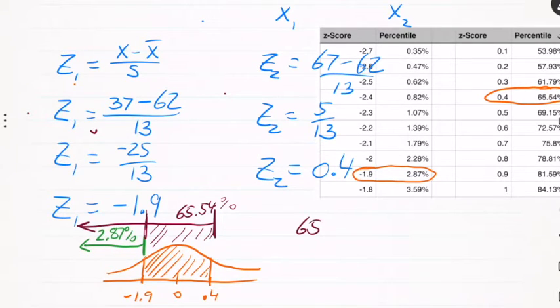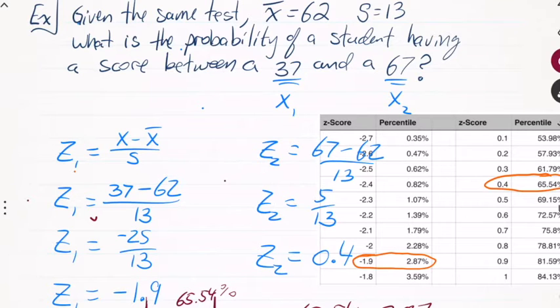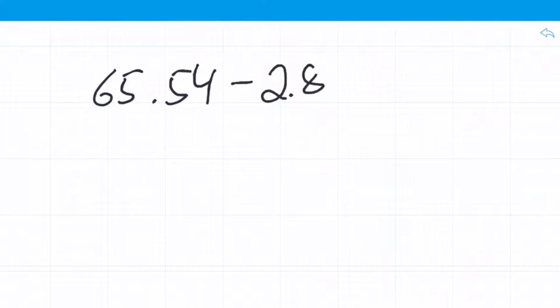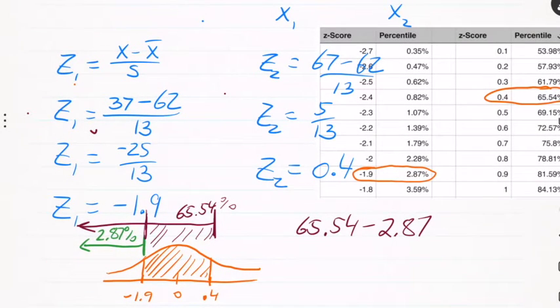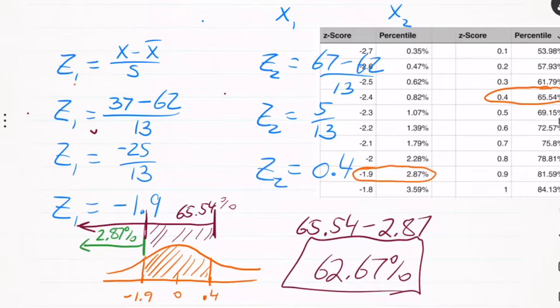So our answer is going to be 65.54 minus 2.87, for a grand total of 62.67. So we would expect, on average, that about 62.67% of the students would score somewhere between a 37 and a 67.